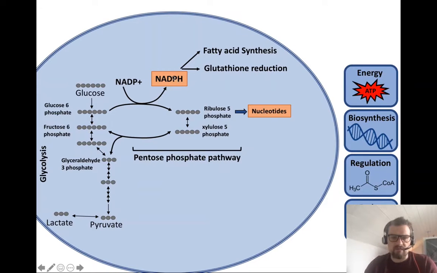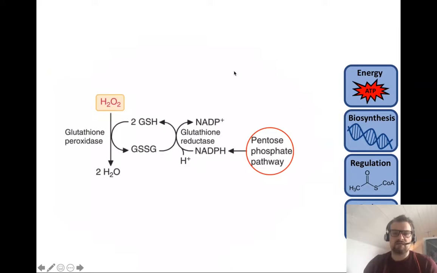It's got an extra phosphate, and this is an important cofactor for biosynthesis, in particular fatty acid synthesis, but also other biosynthetic pathways. It's also an important cofactor for maintaining a pool of glutathione, which is important in its antioxidant capacity. This is because glutathione reductase, which reduces glutathione to maintain its ability to deal with reactive oxygen species, requires NADPH as a cofactor.